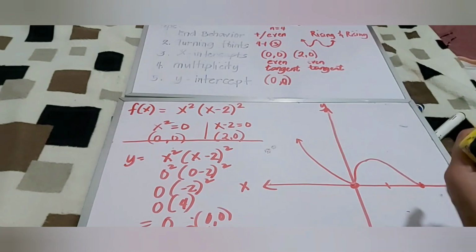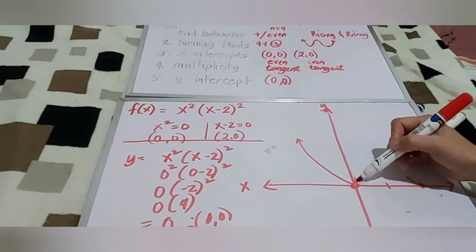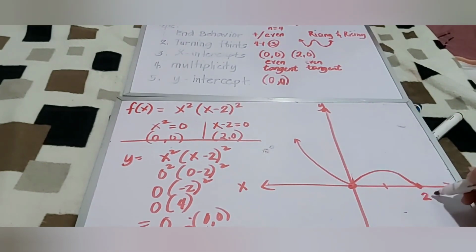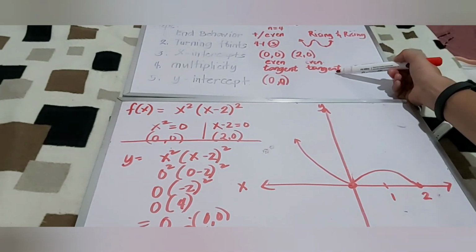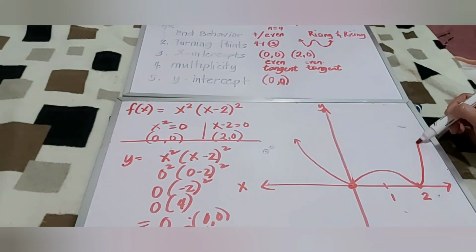Panibagong x-intercept. Ayun. Pagdating dito, which is, this is 2 and 0. Sabi doon, even, so magiging tangent. See? Tangent pa rin. So, hindi ulit tayo mag-cross. Instead, mag-bounce back tayo pabalik agad. And there you have it.